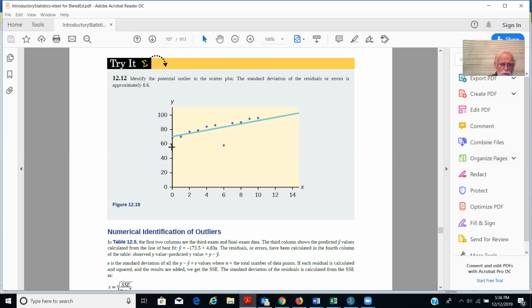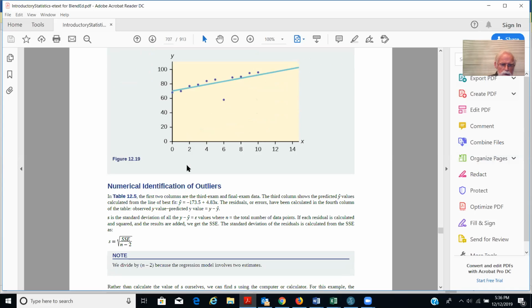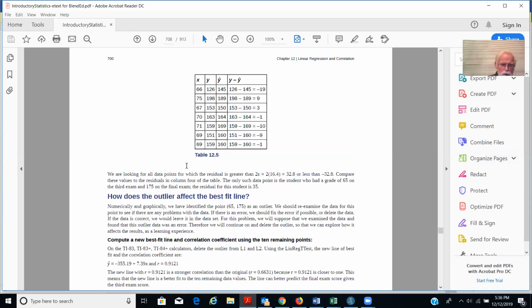So this would be 55.2. And if we look at a parallel line that starts at about 55, this data point clearly is an outlier. Lots of ways of looking at that.